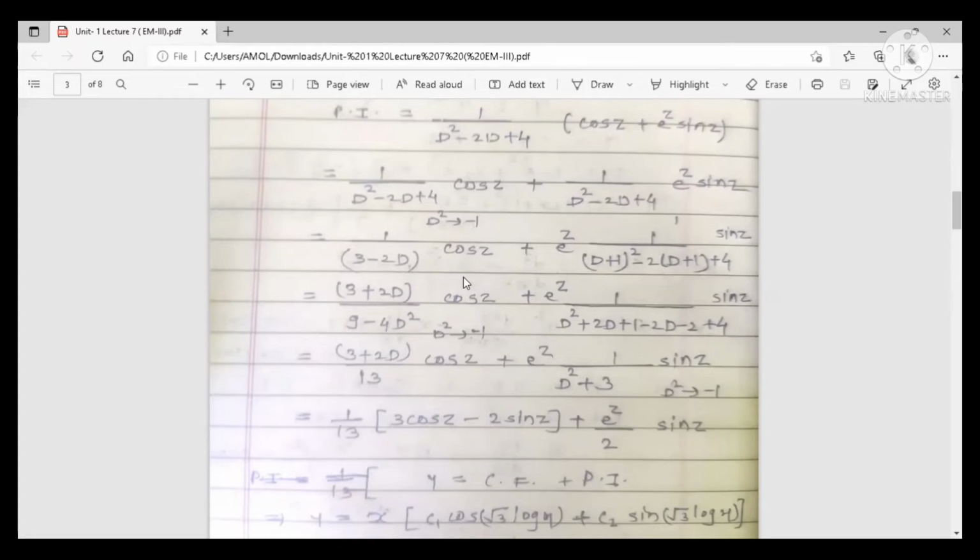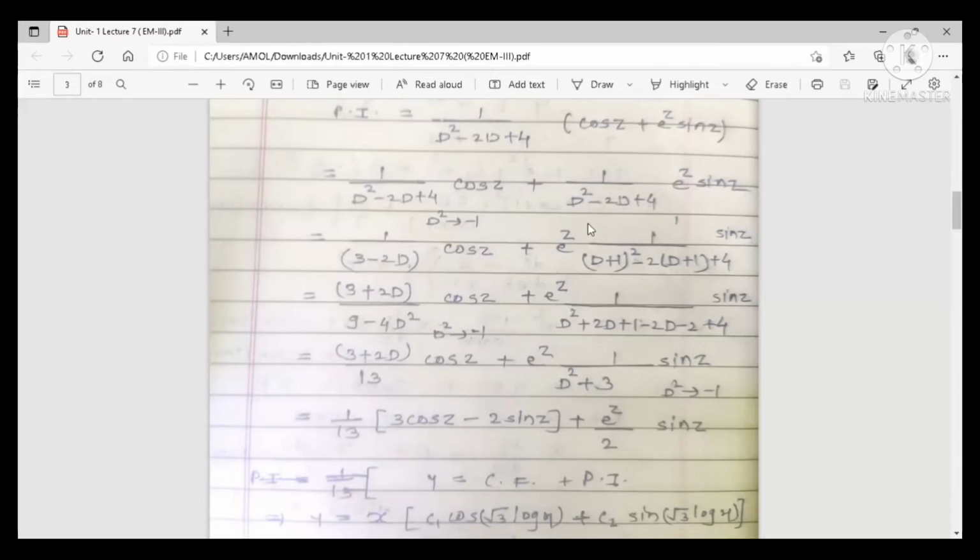But here the term is 3 minus 2D. Then how to remove this D from the denominator? Multiply and divide the term by 3 plus 2D. Denominator 3 minus 2D into 3 plus 2D. 3 minus 2D into 3 plus 2D, the deduction will be 9 minus 4D square into cos z.